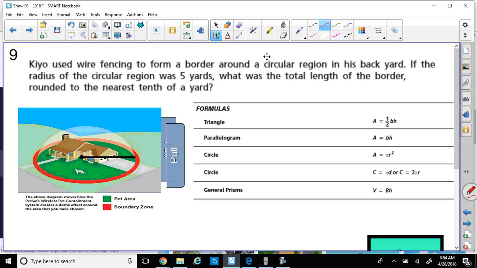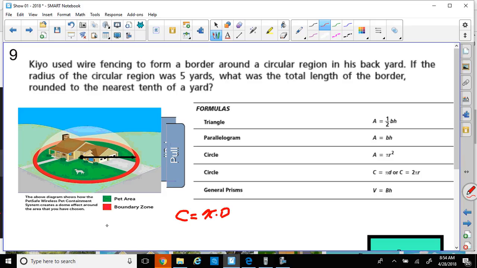So we want to use the circumference formula. They give us the radius, but I like the diameter formula myself: pi times diameter. So let's just use our diameter formula for a second. C equals pi times D.